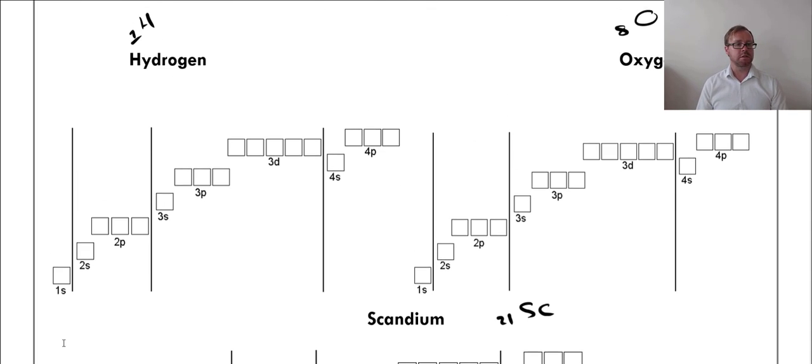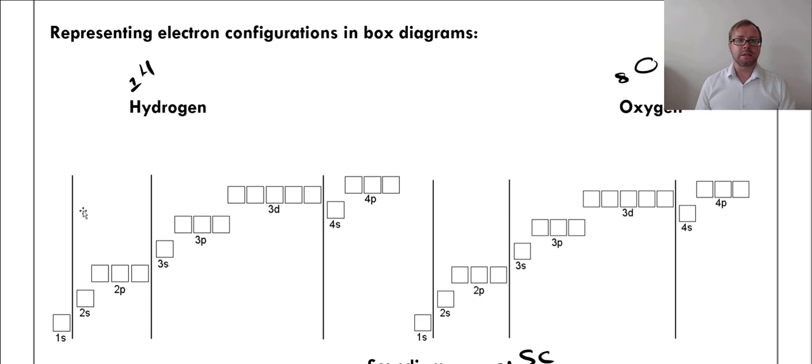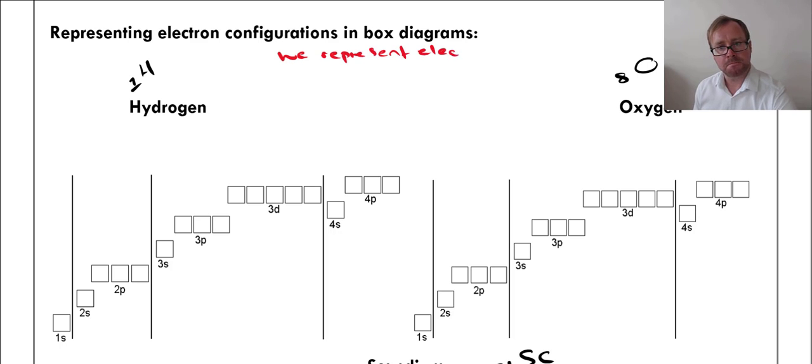Okay, so we represent electrons as a half arrow. In books you may see it as a double-headed arrow, however technically it really should be a single-headed arrow because a single head means one electron.